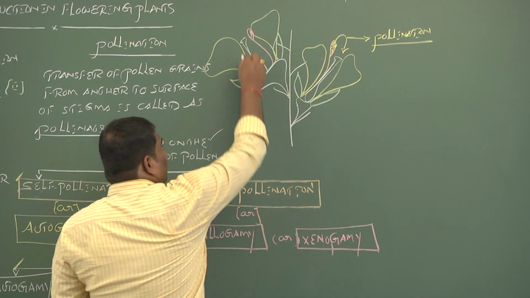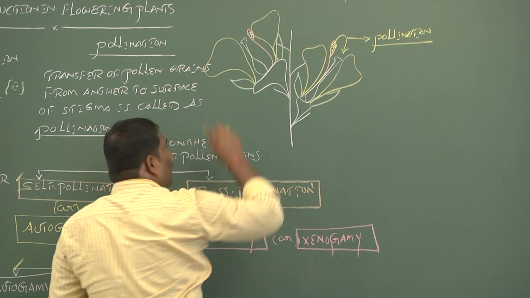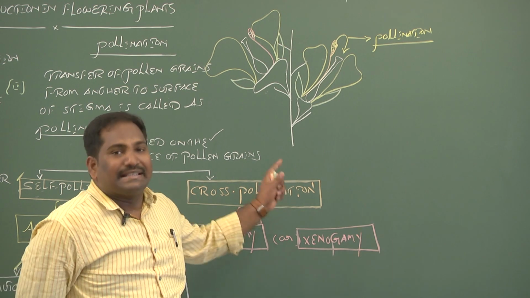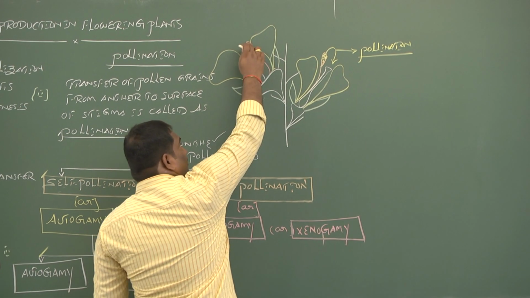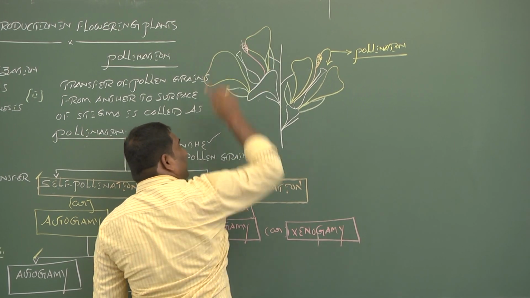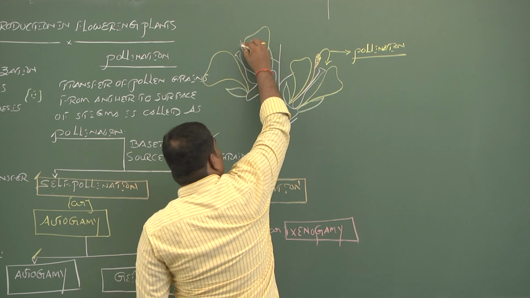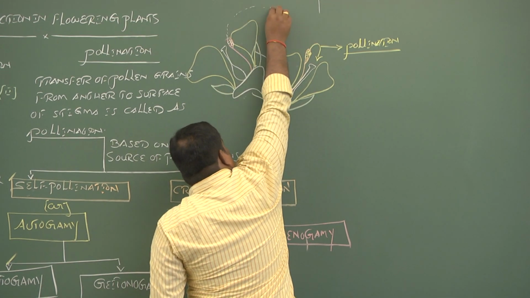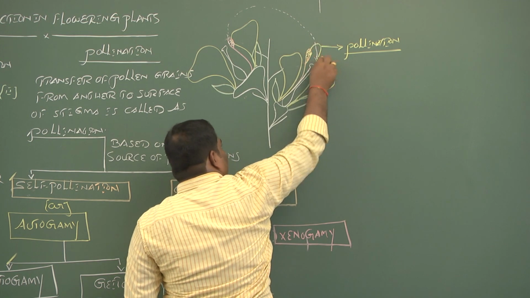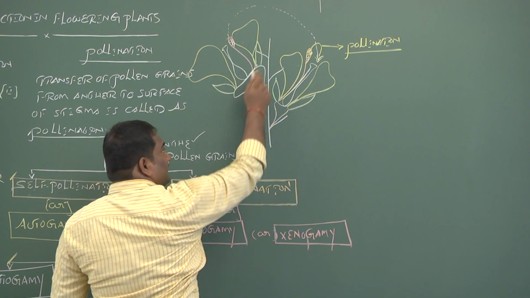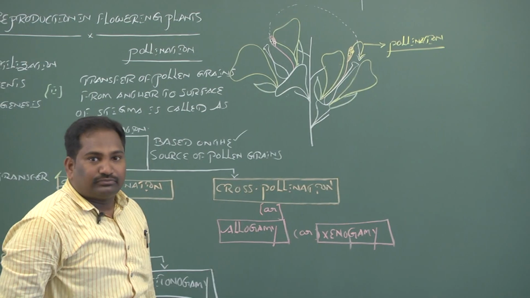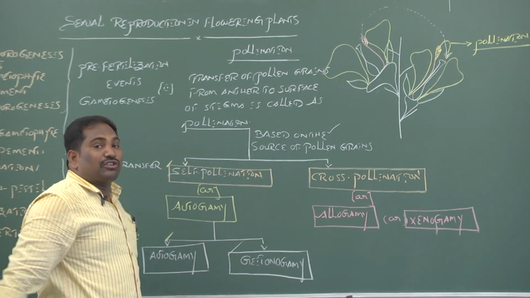As usual, the pollen grains are developed in the anther of stamens. At the mature condition of the anther, these pollen grains are released. If these pollen grains are transferred from anther to the surface of stigma between two different flowers of the same plant, it is called geitonogamy.